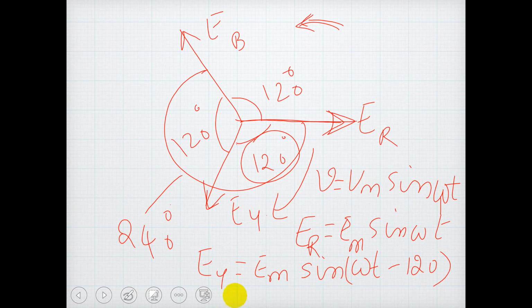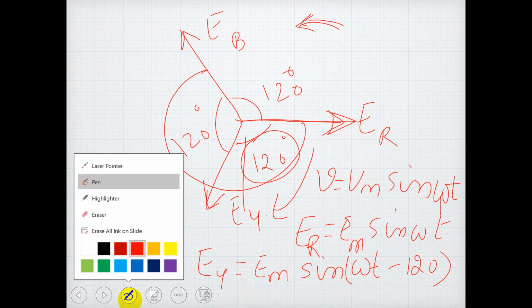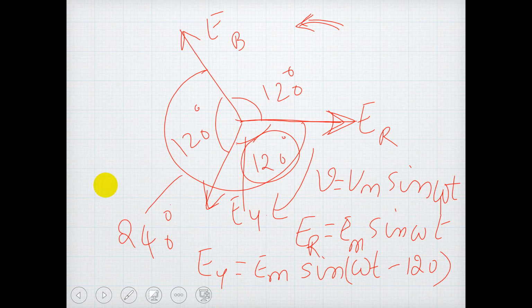Okay. So next we have EZ. So EZ can be written as EM sine of omega t minus 240.